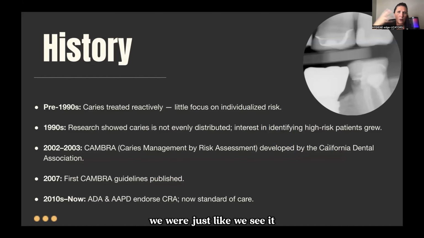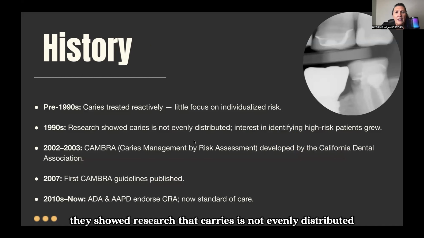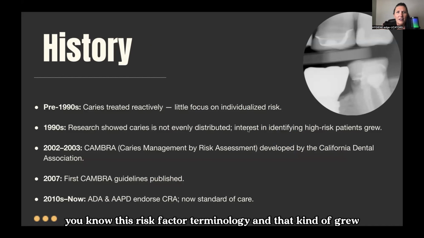We were just like, we see it, we're just going to treat it. How can we better prevent this? In the 90s, research showed that caries is not evenly distributed, and there was more interest in risk factor terminology, which grew.